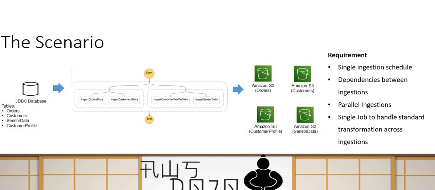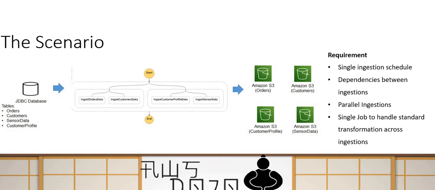Suppose you have 50 tables and you want to create a single pipeline, and all those 50 tables have to be ingested at the same time. Whether you're doing it daily, weekly or monthly, the frequency could be different, but these tables are ingested at the same time. With a single pipeline, you can also create dependency between ingestions. Suppose you want to ingest your master table first, then your child table.